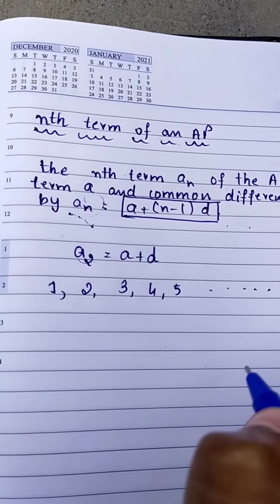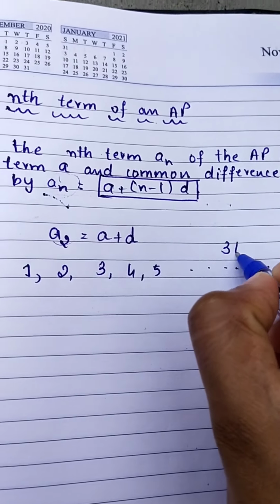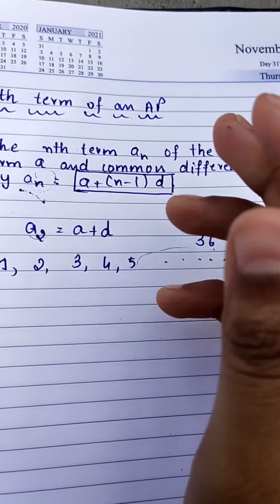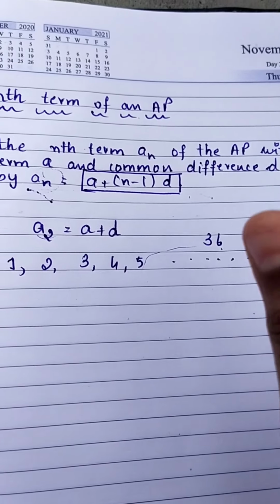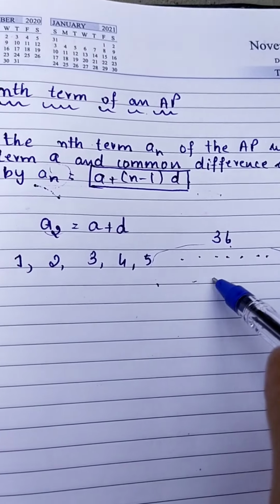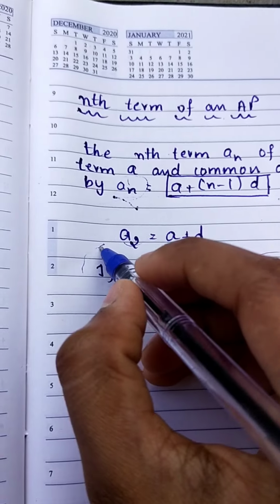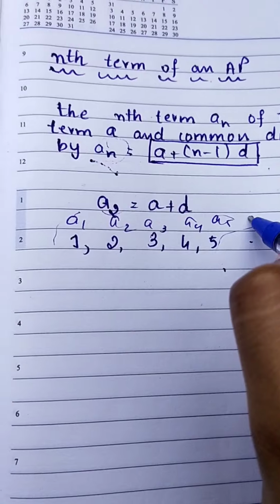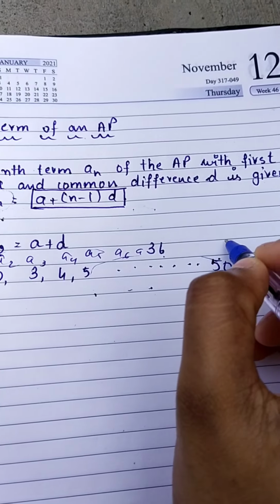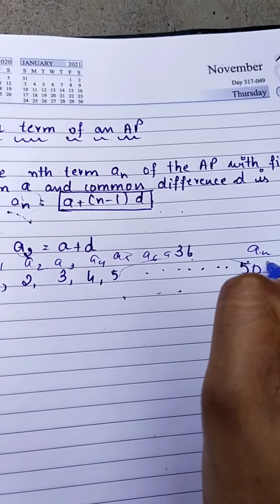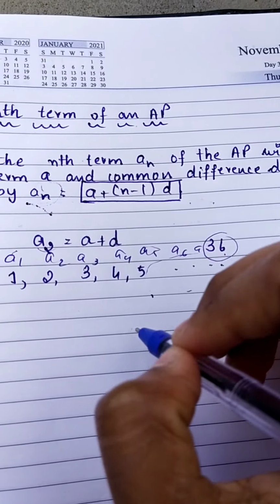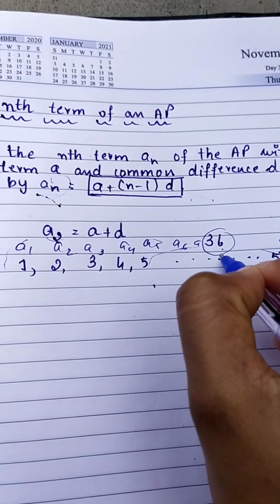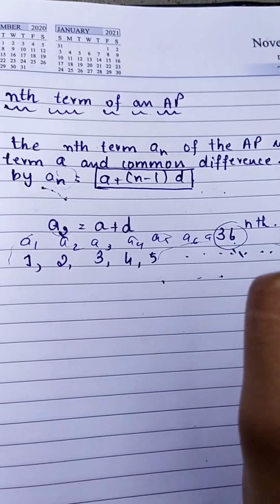They are asking where this number 36 lies in between. You can't count it, right? So this is the first term, second term, third term, fourth term, fifth term, sixth, seventh, eighth, ninth, and this is the last term. To find which term the number 36 is, you use the nth term formula, okay?